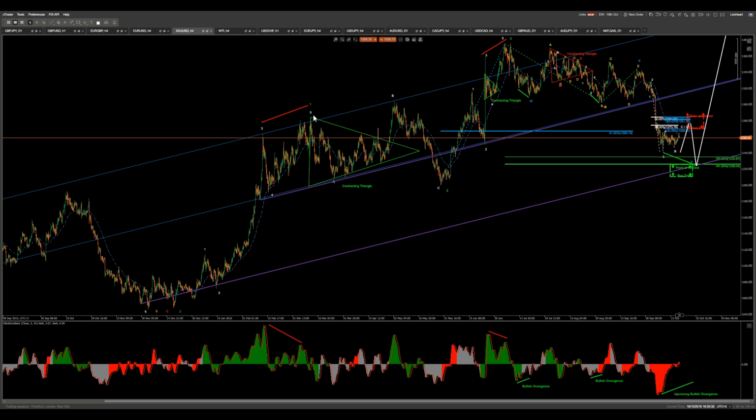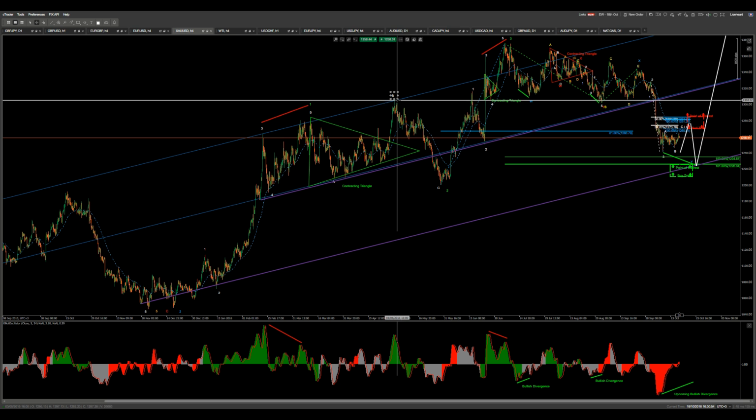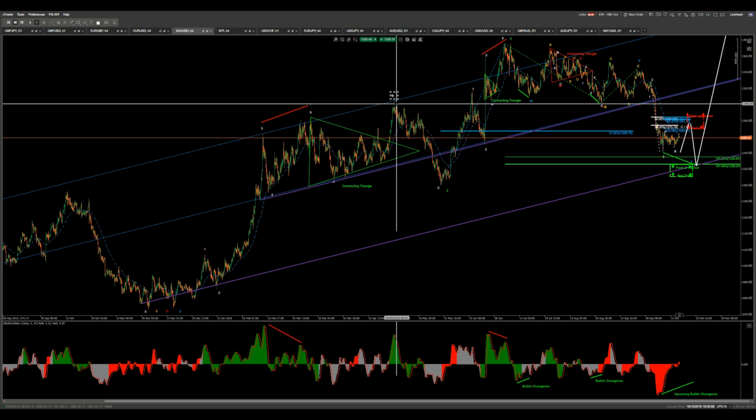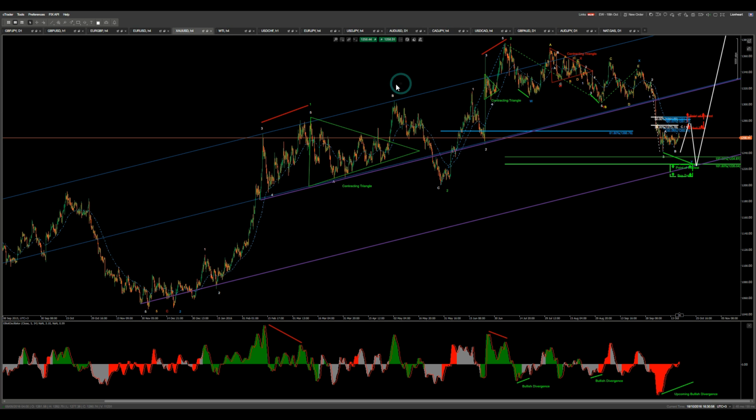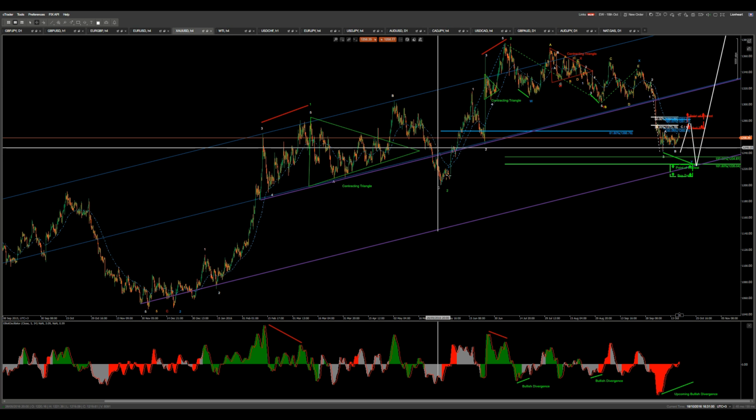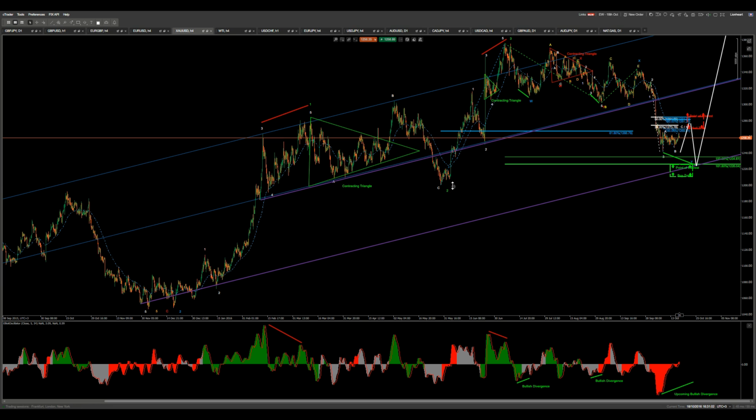Therefore, the second corrective wave, which ended right here, unfolded as an irregular corrective structure, A, B, which actually formed a false breakout. So it moved higher than the previous high point, but anyway, this is the B wave. In some cases, this is normal, not to be alarmed.